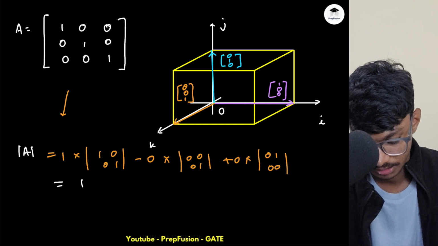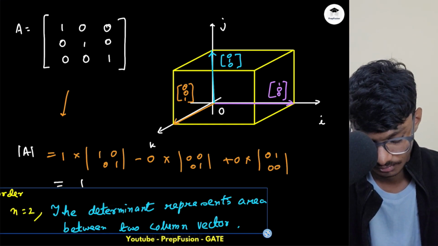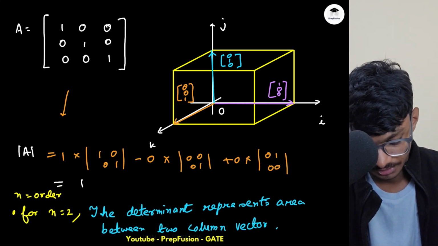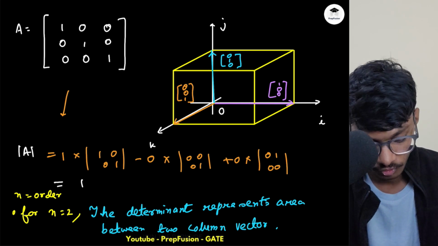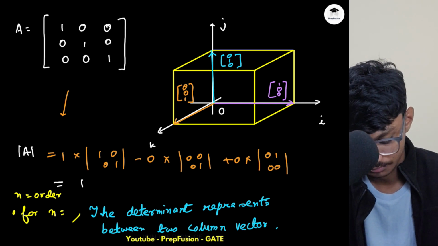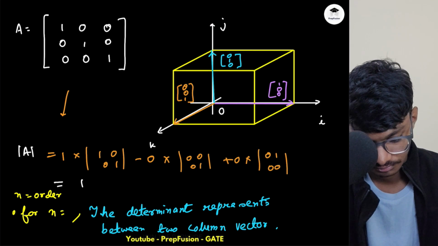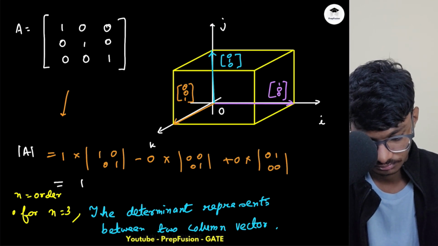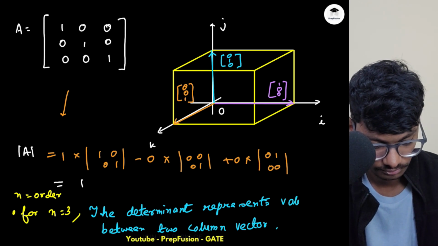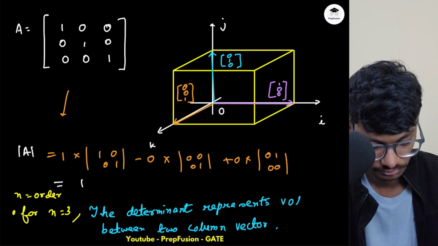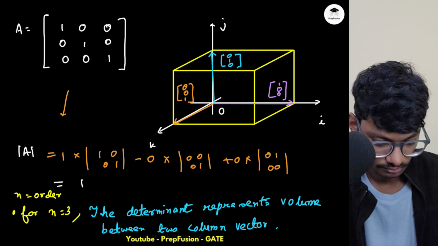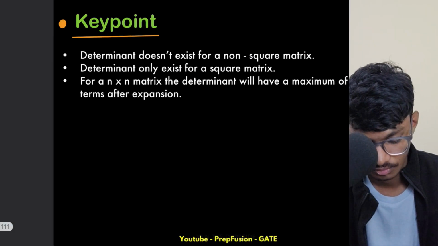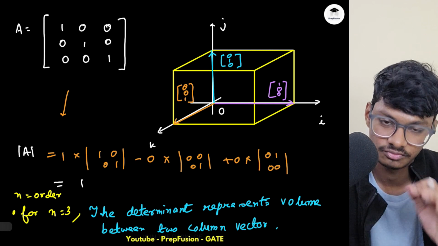So in this case, the determinant represents volume for n equals 3, and area between two column vectors. I just wanted to give you a visual picture.